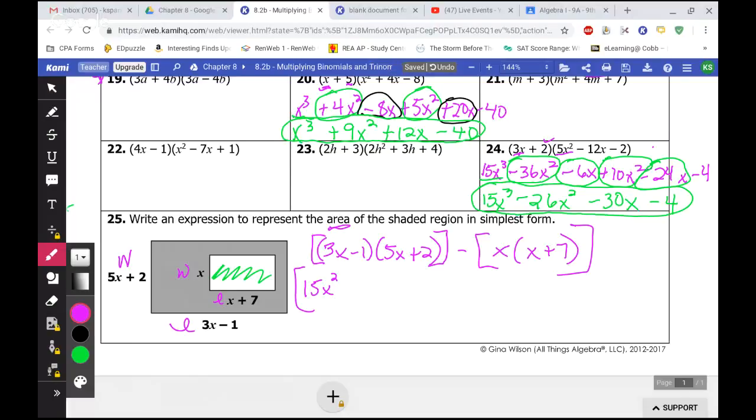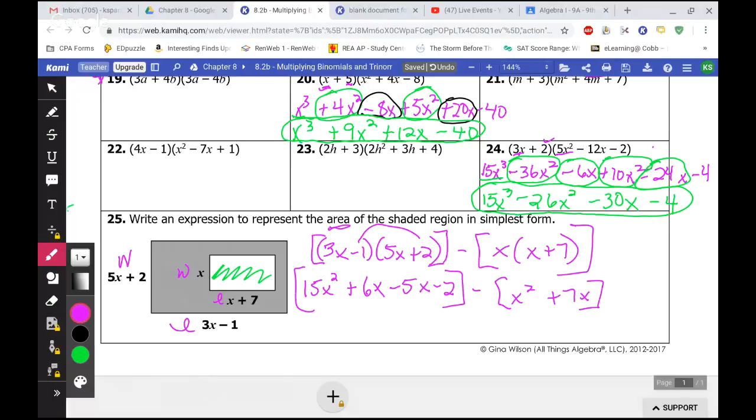And let's see, that was first. And now outer, which is 3x times 2, which is 6x. And then inner, negative 1 times 5x is minus 5x. And then last is going to be negative 2. So that's the multiplication or the FOIL part of that first bracket. Now, x times x is x squared, and x times 7 is 7x.